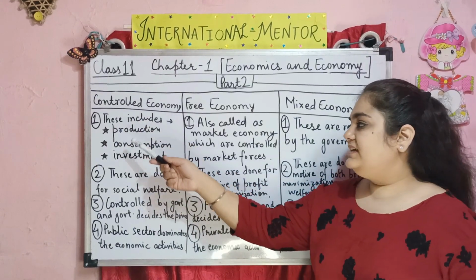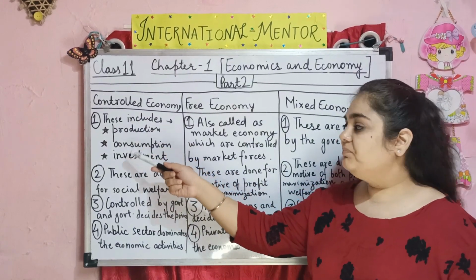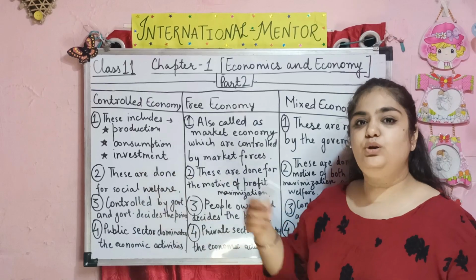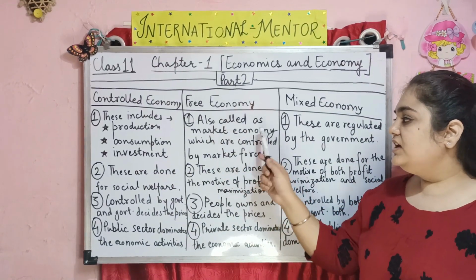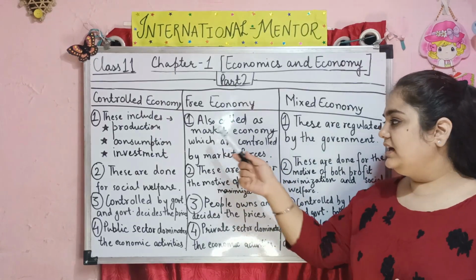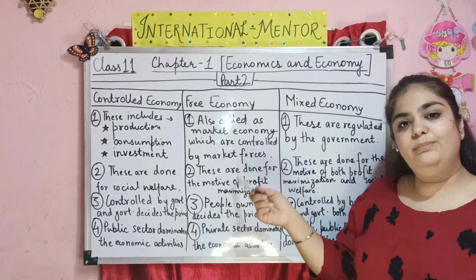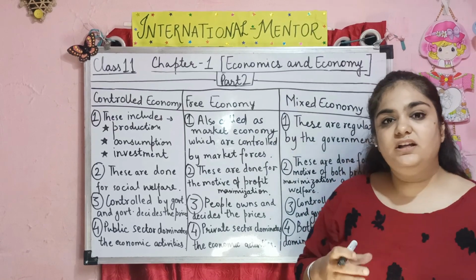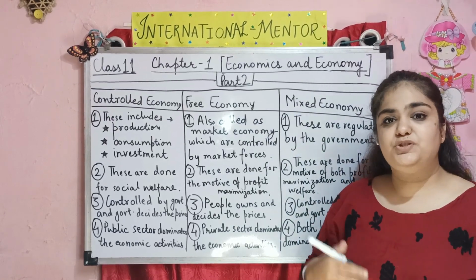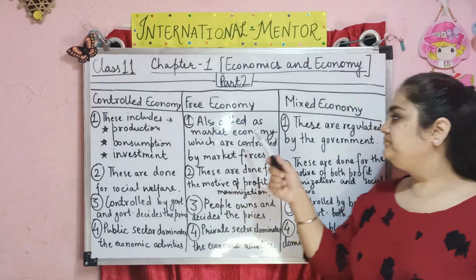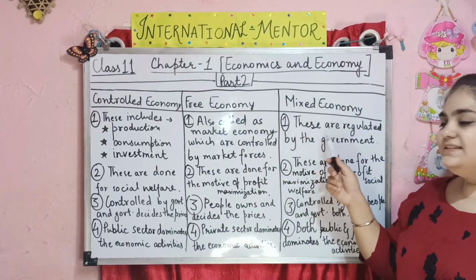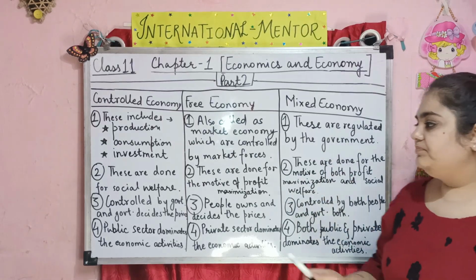Controlled economy basically includes production, consumption, and investment of a good or service. Free economy is also known as market economy, which is controlled by the market forces. The demand and supply and the price going on in the market totally depend on the free economy. Mixed economy is regulated by the government.